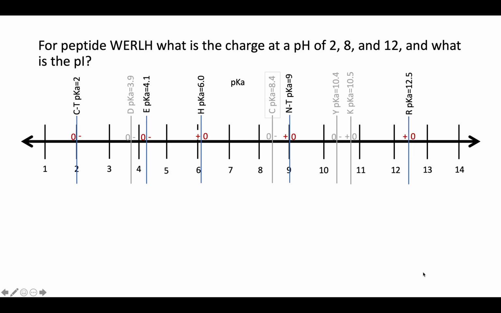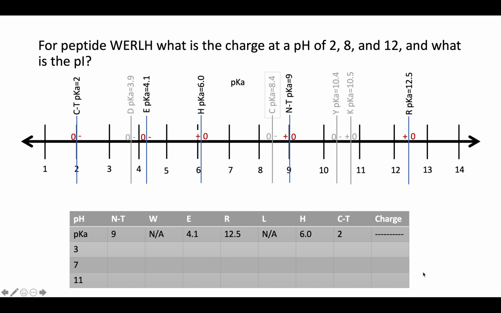For peptide WERLH, what is the charge at pH 3, 7, and 11, and what is the pI? For this, we're using the same exact number line. I just grayed out the amino acids that we're not using for this specific practice problem. So let's start with a pH of 3. Let's find our charges.